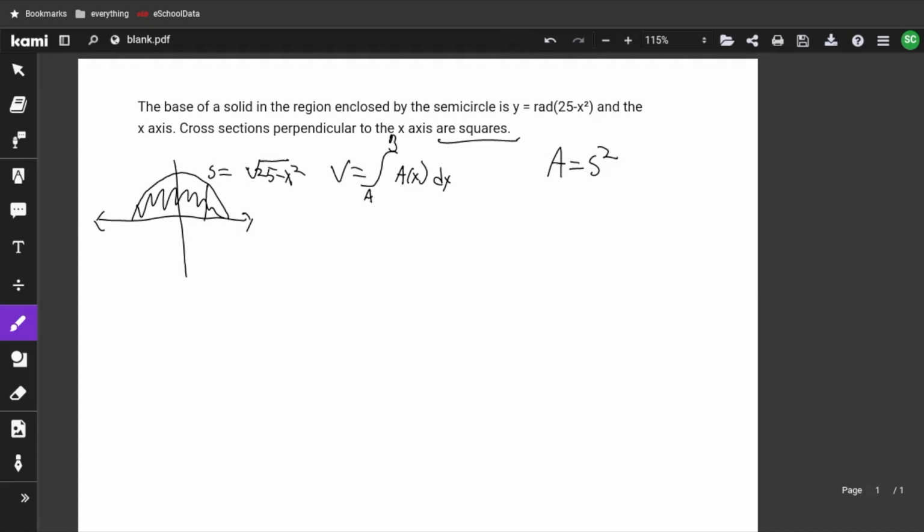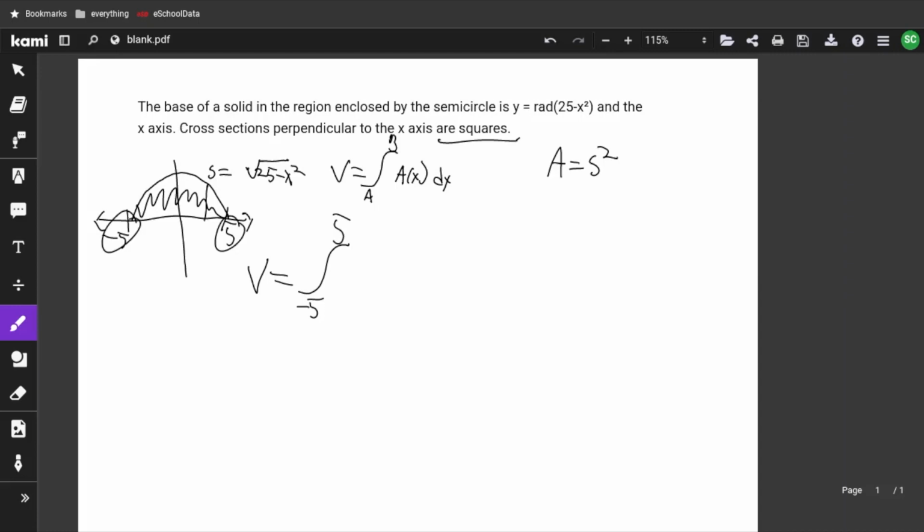Now all that we have to find are the two points where the equation y equals root 25 minus x squared and the x-axis meet. We are told in the graph that it is at -5 and 5. Using all the information we have, we can now plug this into our integral. So we can see that V is going to be the integral from -5 to 5.